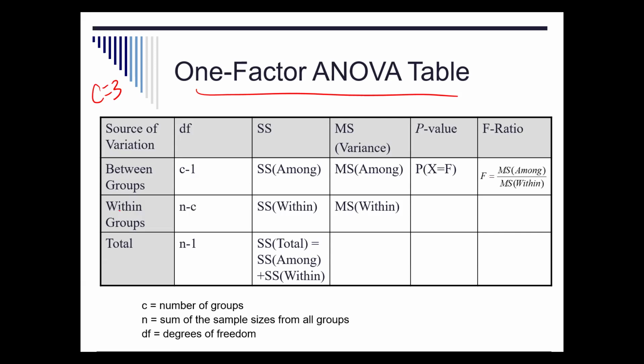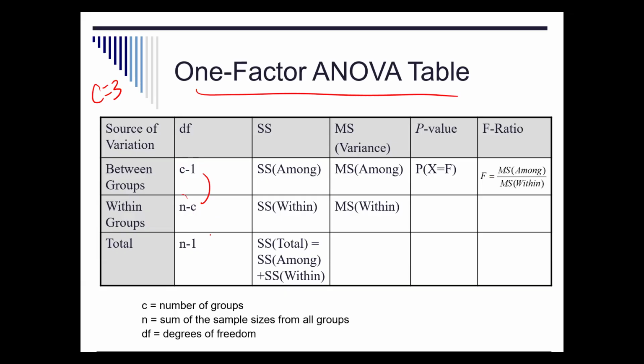The degree of freedom for between groups is C minus 1, so for the shift example, 3 minus 1, 2. Within group is the sample size minus the number of groups. Combined, the total degree of freedom is n minus 1. That's always the case.